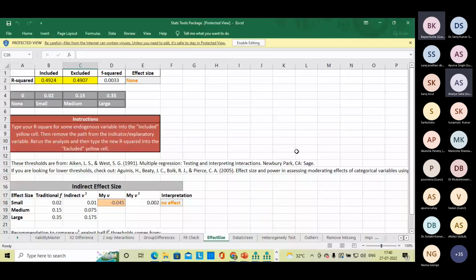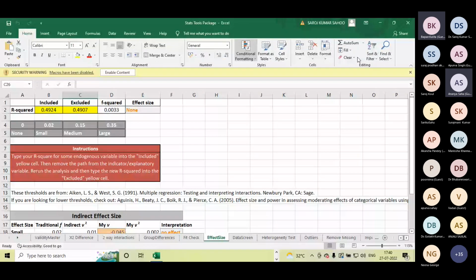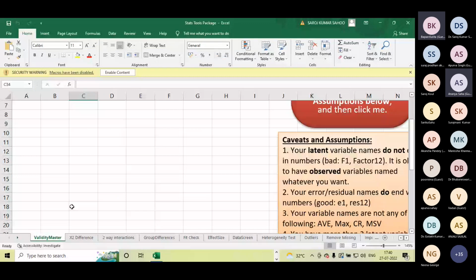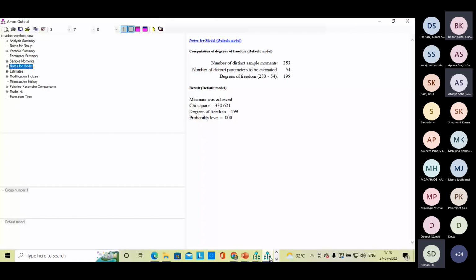Oh, you said we have to click macro open. Maybe because of that. I think I have to enable the macro. Yes, I have to go to file.